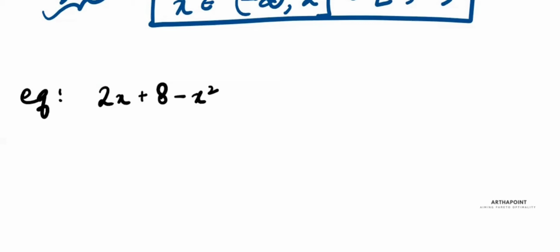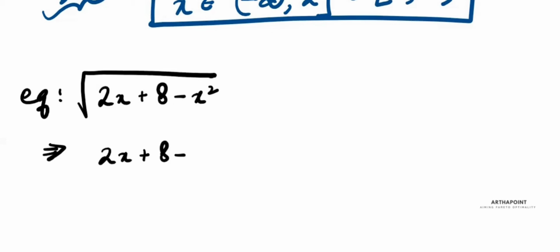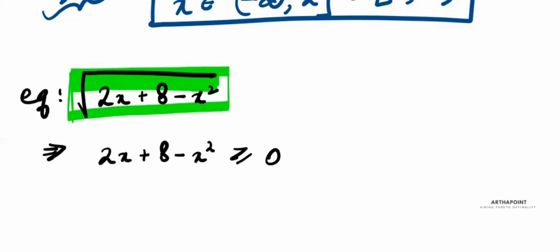And because it is coming under root, to find the domain, I know that 2x plus 8 minus x square has to be greater than or equal to 0. Only then I can solve something which is coming under the root. Only then it can be solved, if it is greater than or equal to 0.